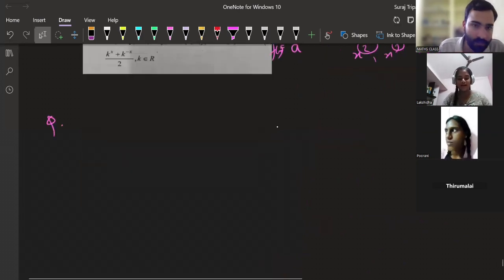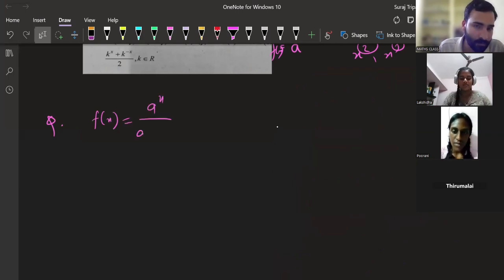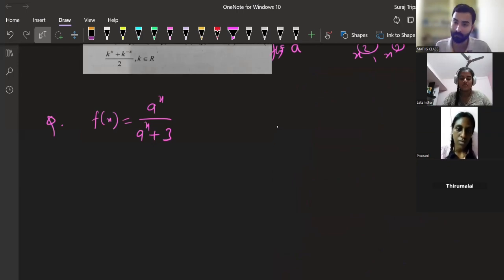So the question is f of x equals 9 raised to x upon 9 raised to x plus 3, right? This is given in the question.